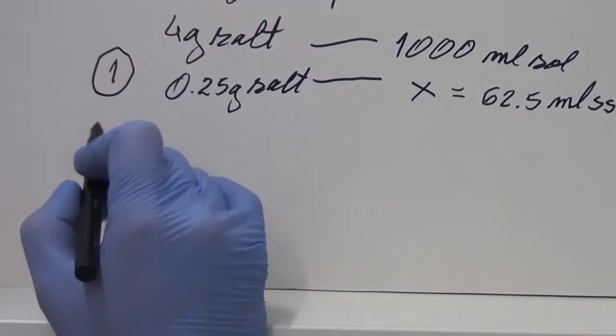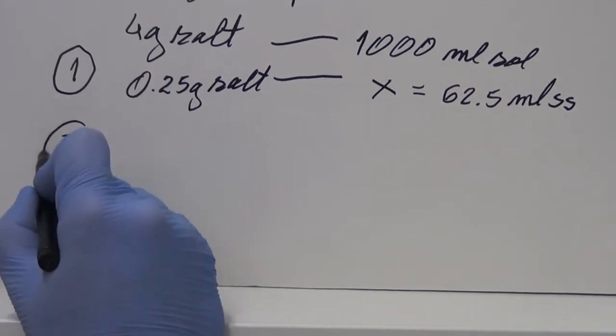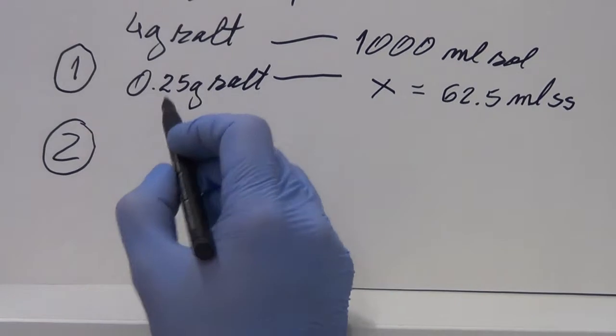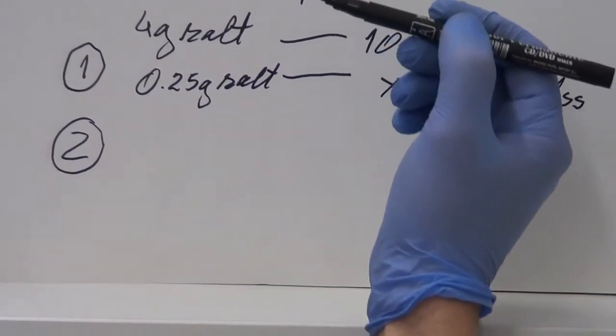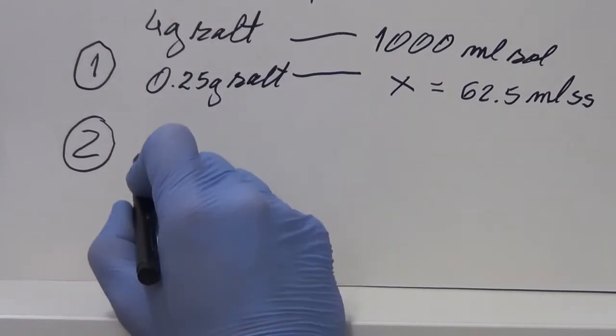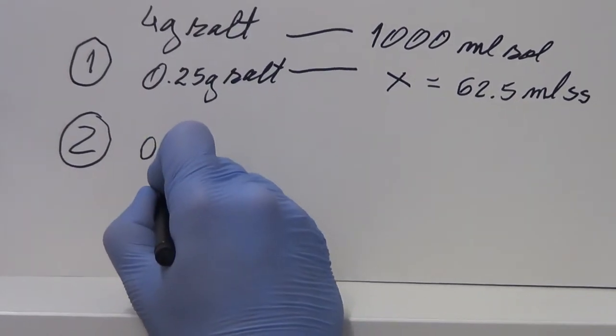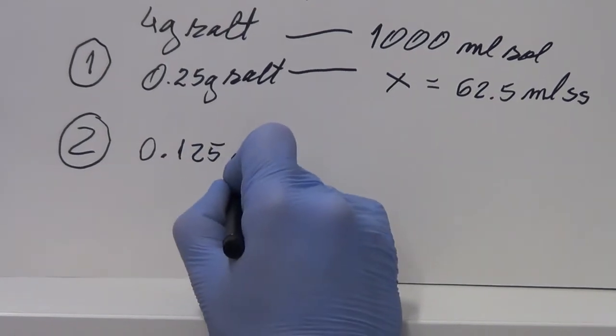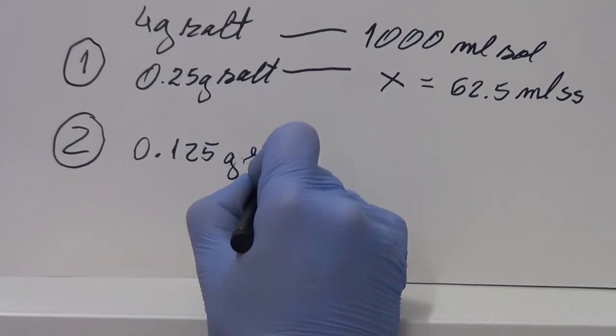If we want the second concentration, we will need to have half salt because we want 0.5 grams per kilogram of soil. In this case, we need to have 0.125 grams of salt.